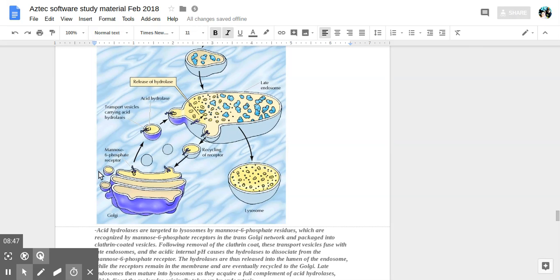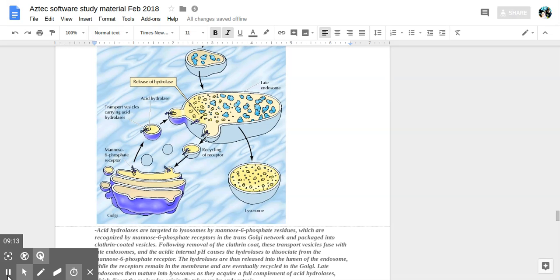A molecule known as the mannose-6-phosphate receptor is used for these vesicles. So from the Golgi, the budding towards the lysosomes.